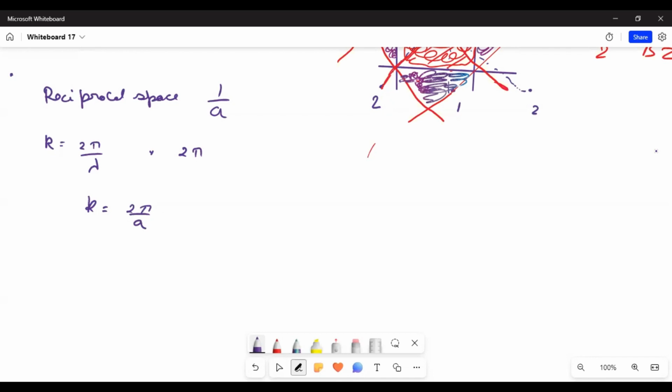Let's say E, and this time taking it a little forward, 2 pi by a, and again 2 pi by a on this side. And let's mark the Bragg plane at half.